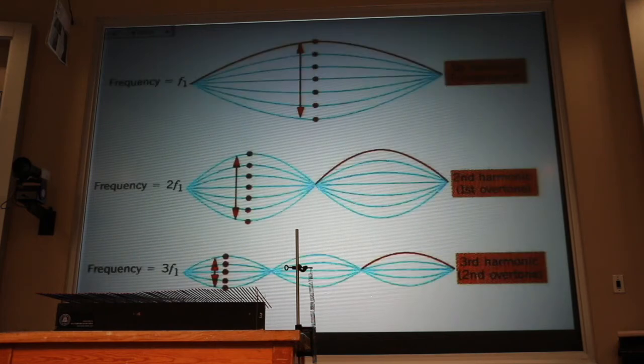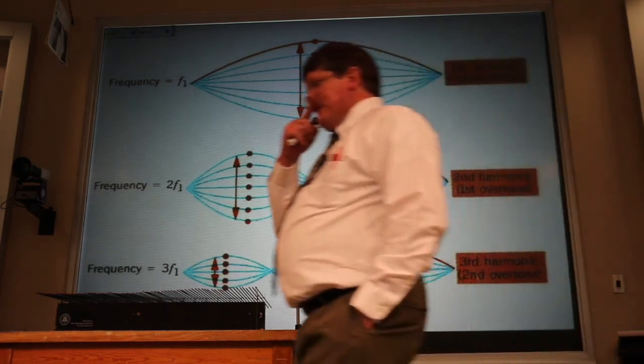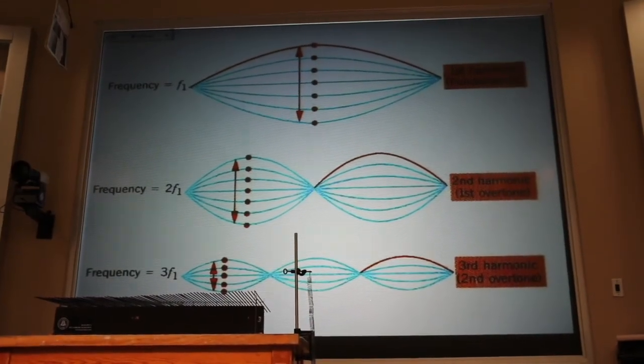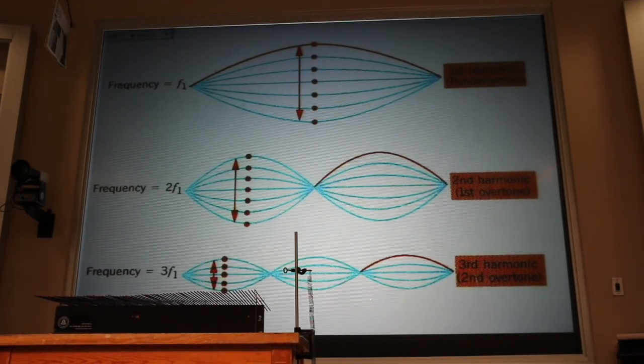Now, folks, I have to pause here just to kind of explain some name calling. These waves are owned by the physics department. But the music department thinks they own them too, because this is music.